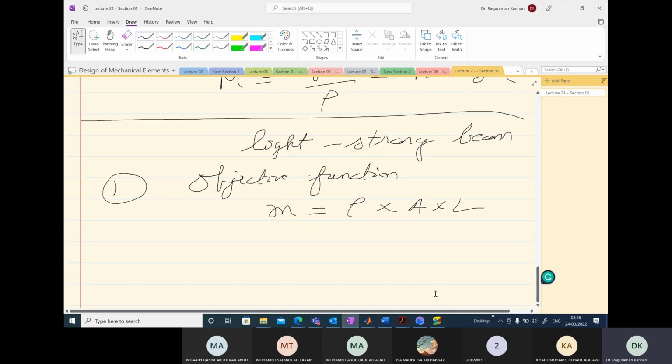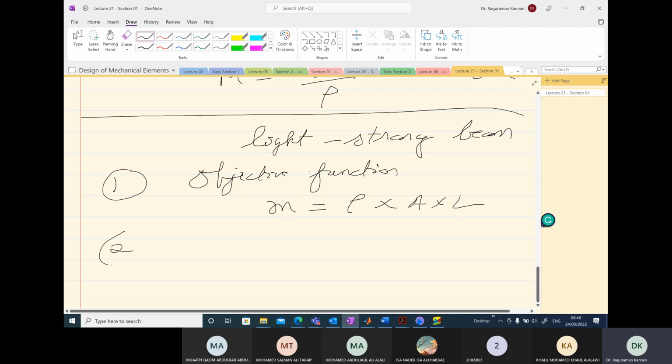Second step, fixed variables. We need to identify the fixed variables. What are the fixed variables? The length and the shape of the cross section, right. If you take any structure, the length of the beam is already fixed.